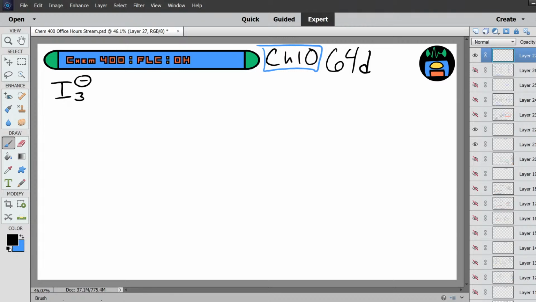If you draw the Lewis structure, you have iodine in the center with 2 iodines attached. And the iodine in the center actually has 3 lone pairs.